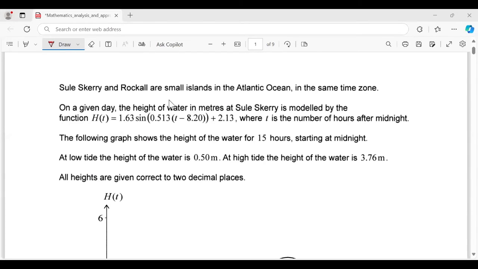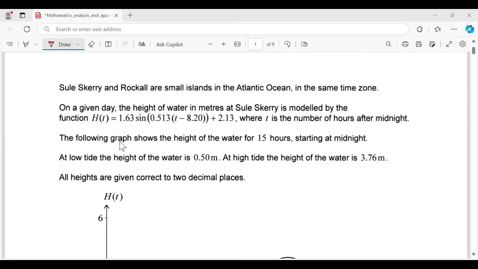Tulskerry and Rockall are small islands in the Atlantic Ocean in the same time zone. On a given day, the height of water in meters at Tulskerry is modeled by the function h(t), where t is the number of hours after midnight.